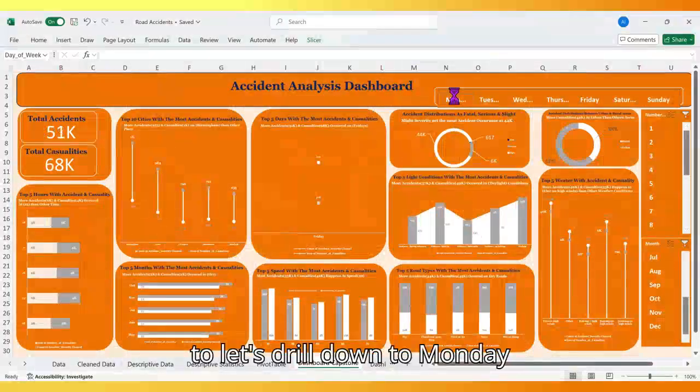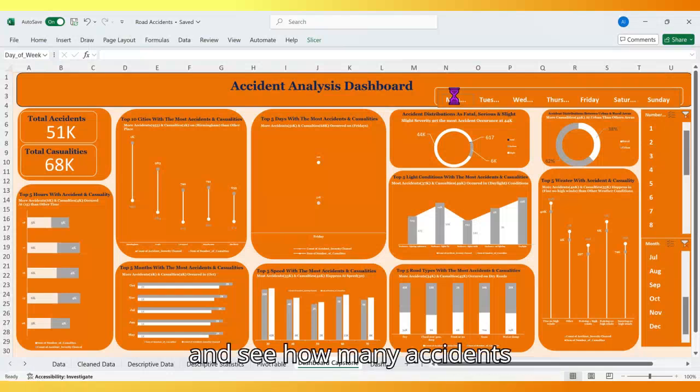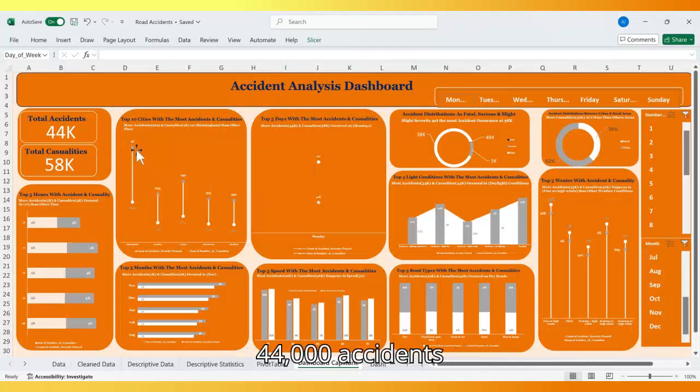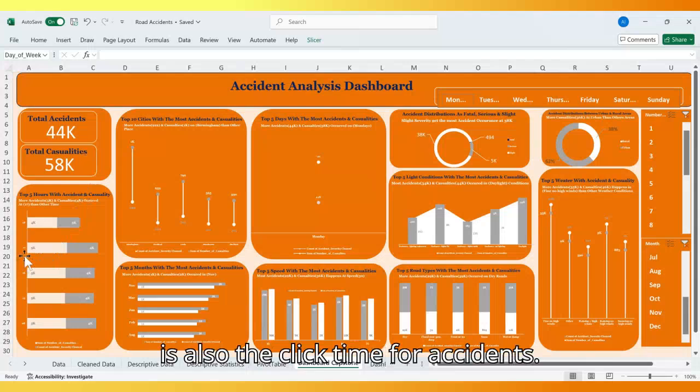I'm going to first drill down to Monday and see how many accidents happen on Mondays. So we can see that a total of 44,000 accidents and 58,000 casualties happen on most Mondays. And 5 p.m. is also the peak time for accidents.